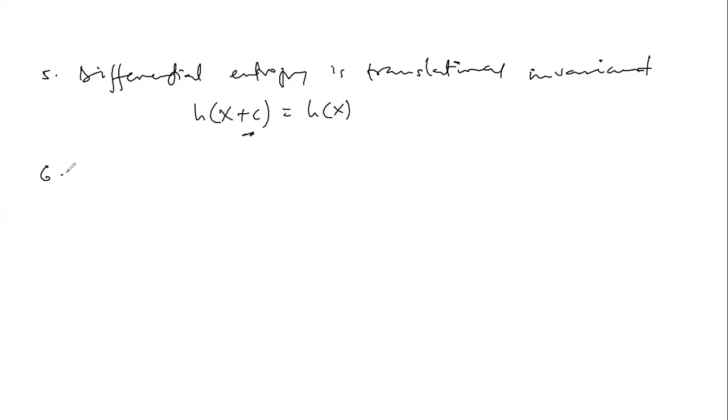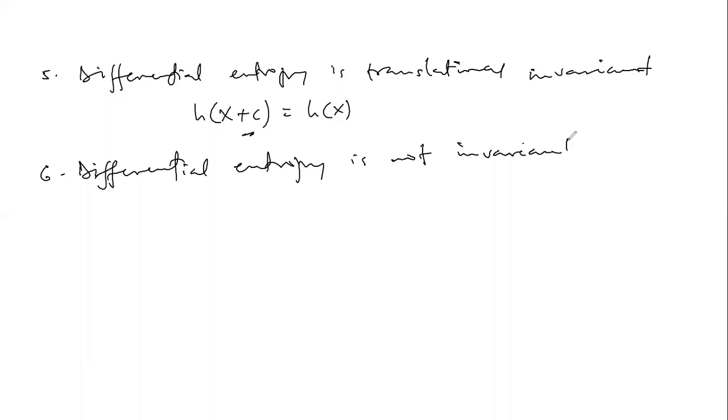And then the differential entropy is not invariant under arbitrary invertible maps. So what do we mean?